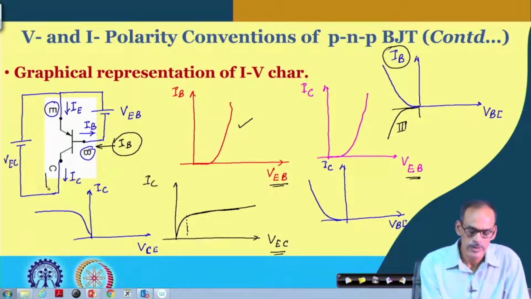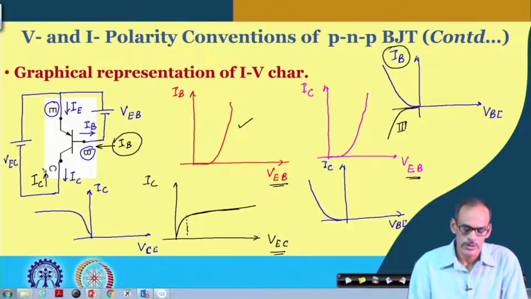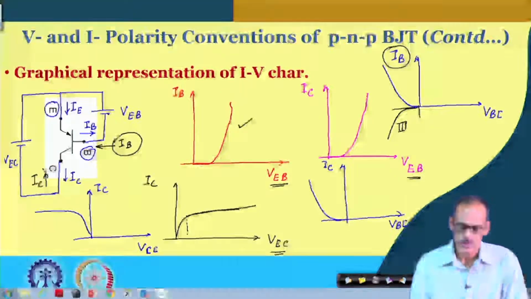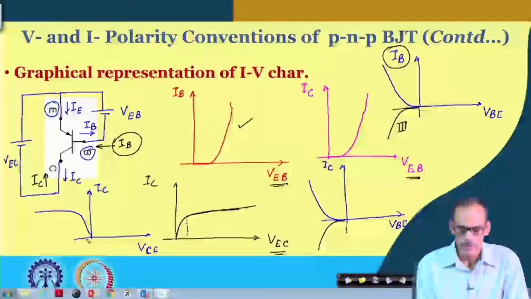Same thing for IC also. If you follow the positive collector current convention, it is entering the device through the collector terminal. In that case, this current will go to the third quadrant, and here also it will enter the third quadrant.